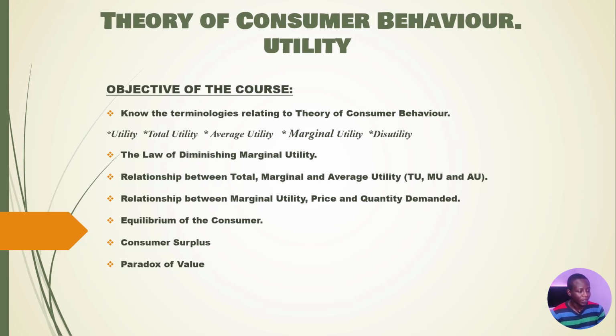From there, we take a look at the relationship between total, marginal, and average utility, and the relationship between marginal utility, price, and quantity demanded. Then also equilibrium of the consumer and consumer surplus, and in the last chapter, we end with the paradox of value. So, let's get into it.